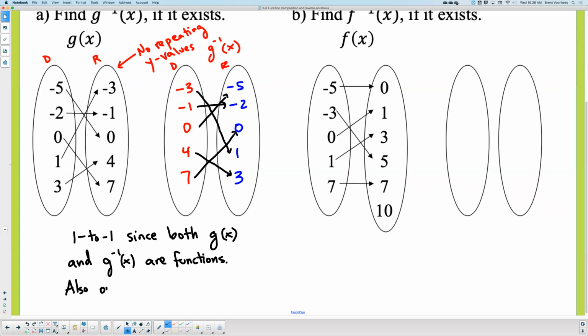Also onto since every value is used. Let me write the words: one-to-one. That's what they'll call it, since both g of x and g negative 1 are functions. Also onto, it's an onto function because everything's used. Everything has something onto it.